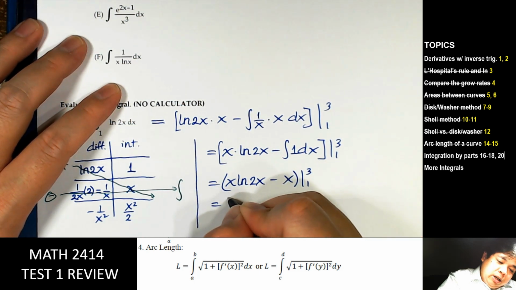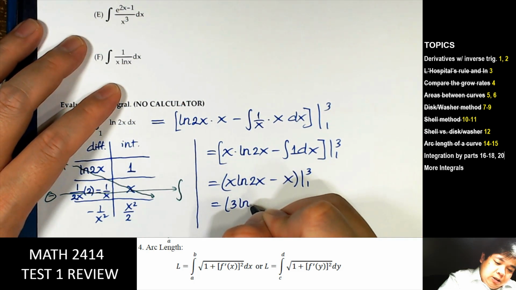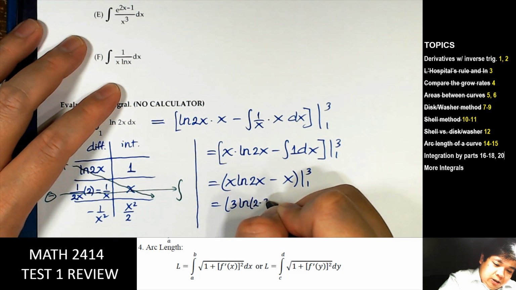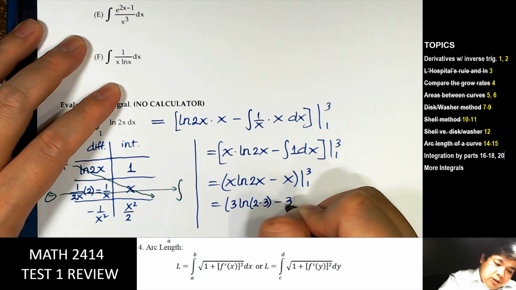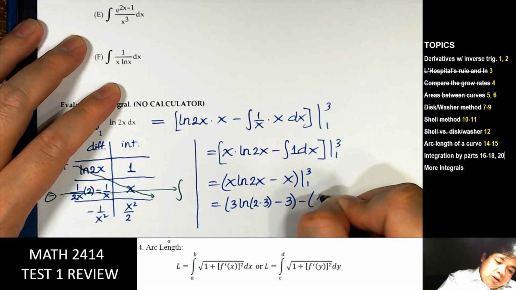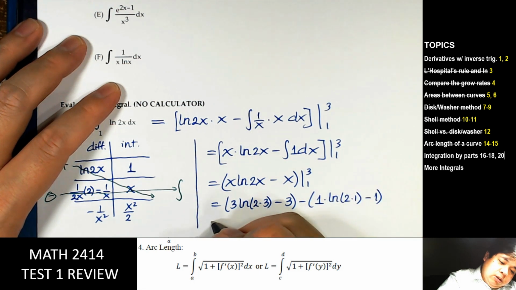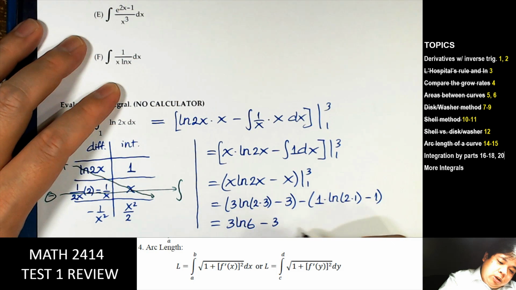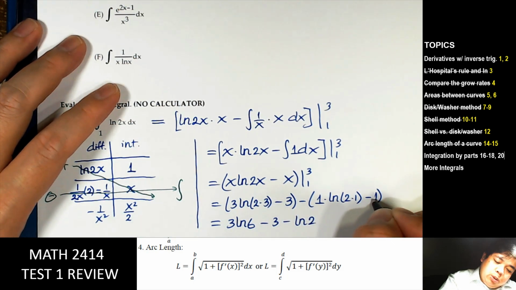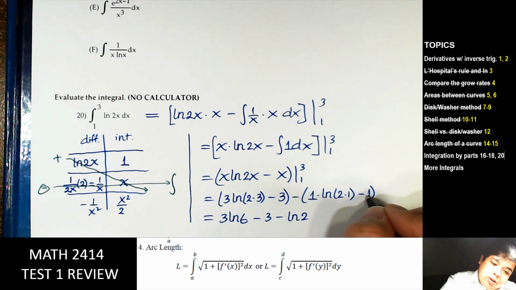Put 3 in here. Minus 1 ln of 2 times 1 minus 1. So 3 ln of 6 minus 3 minus ln of 2 plus 1.